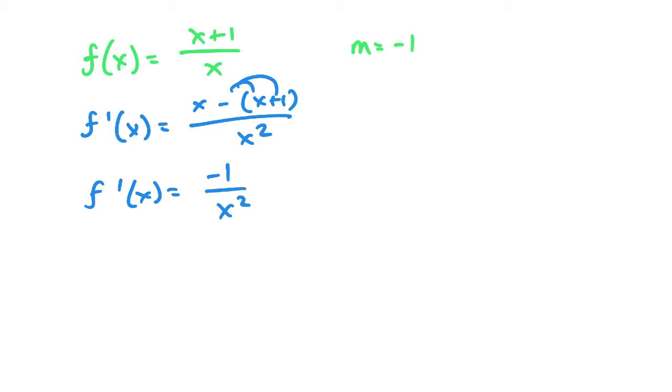So what I want to figure out is, is there any place where that could equal negative 1? I like to put the negative 1 out in front for this. So I multiply by a negative 1, they both become positive. Is there any time where 1 is equal to x squared? And the answer is yes, where x equals 1 and negative 1.